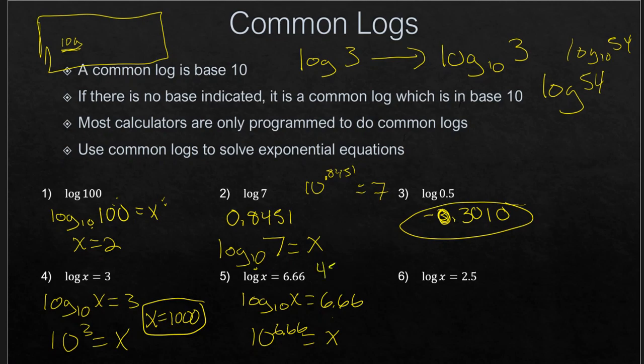It's 4,570,881.9. So again, that means we took 10 to almost the 7th power.